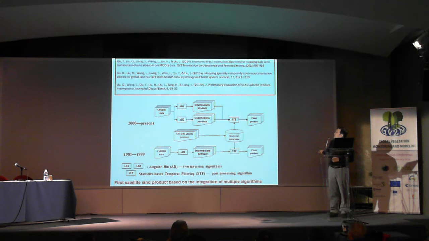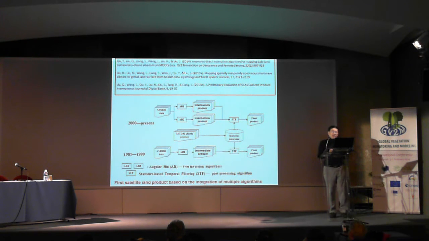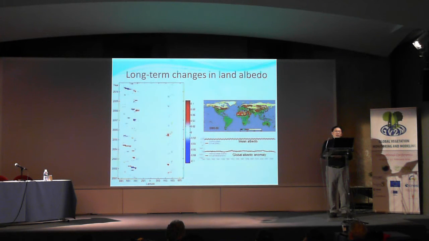Here I want to point out that we use AVHRR data for the first 20 years, and after 2000 we use MODIS data. For MODIS data, we use 2 algorithms to generate 2 intermediate products, and then use a data fusion approach to generate the final product. As far as I can tell, that is probably the first satellite land product generated based on integration of multiple algorithms.